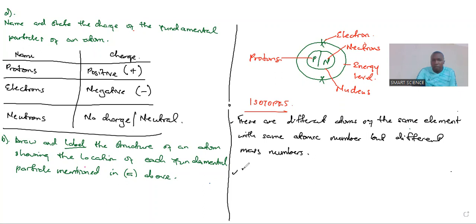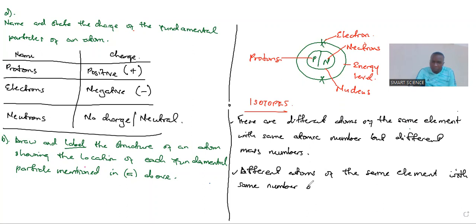Alternatively, somebody else will say different atoms of the same element with the same number of protons, because protons are the ones making up the atomic number, but a different number of neutrons.